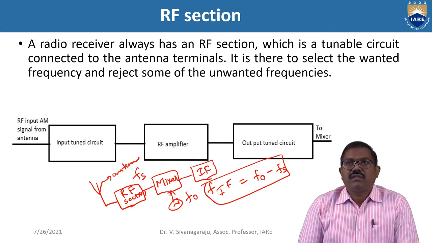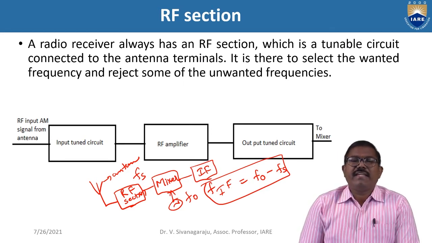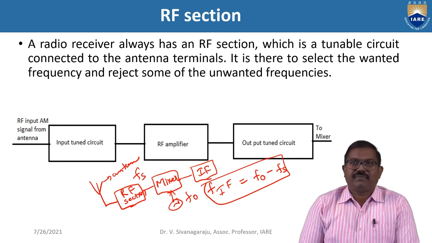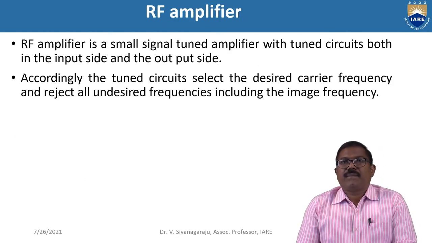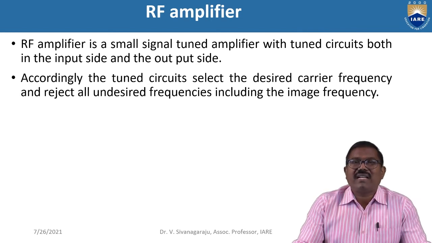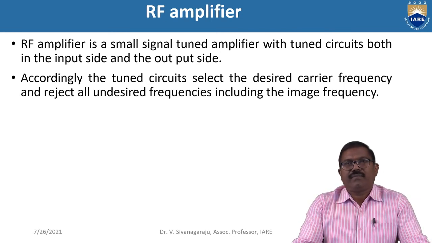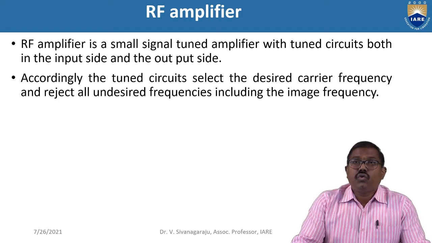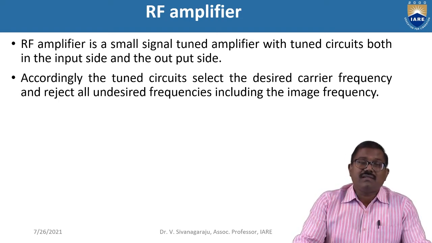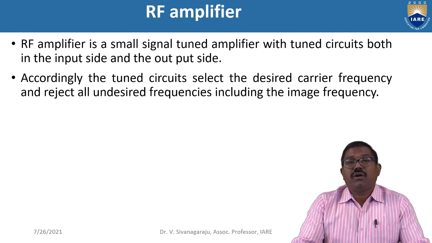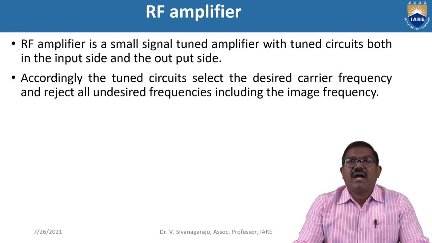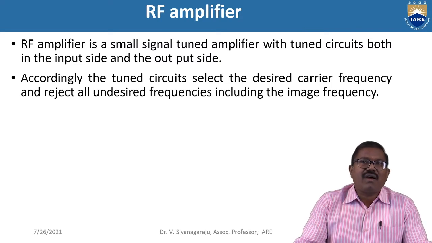This RF section is very, very important to any receiver. Next is the RF amplifier. In this RF section, we have two tune circuits: one is the input tune and the other is the output tune. The middle one is the RF amplifier. So what is the RF amplifier?